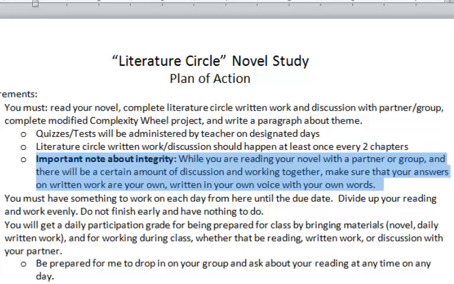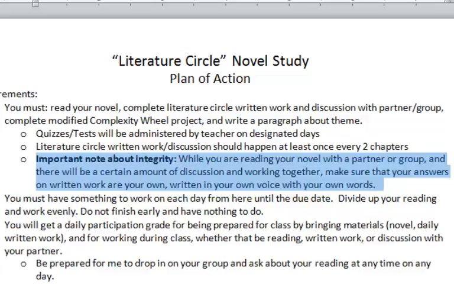But this complexity wheel, everyone has the same questions, and you and your partner are doing the exact same written work about the exact same novel. But what I need you to understand is that you need to make sure that your answers are your own. Okay? They are written in your own words, in your own voice.